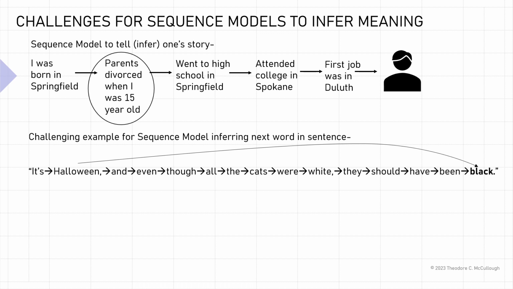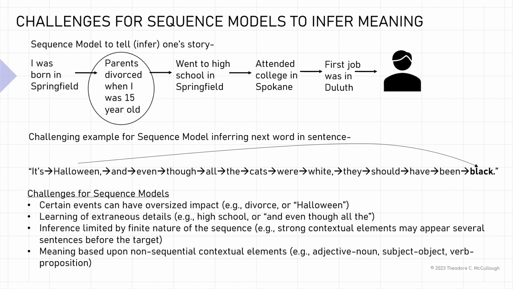You would only know that the word to be inferred would be black based upon the existence of the word Halloween. But that word is expressed early on in the sentence rather than later. It may be challenging because, again, the word Halloween, much like when one's parents divorce, has an outsized impact on what word should be inferred next.